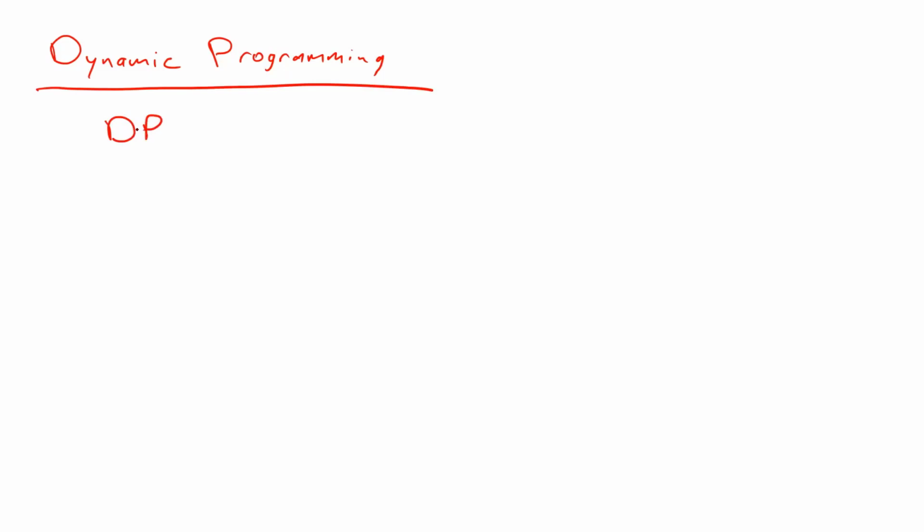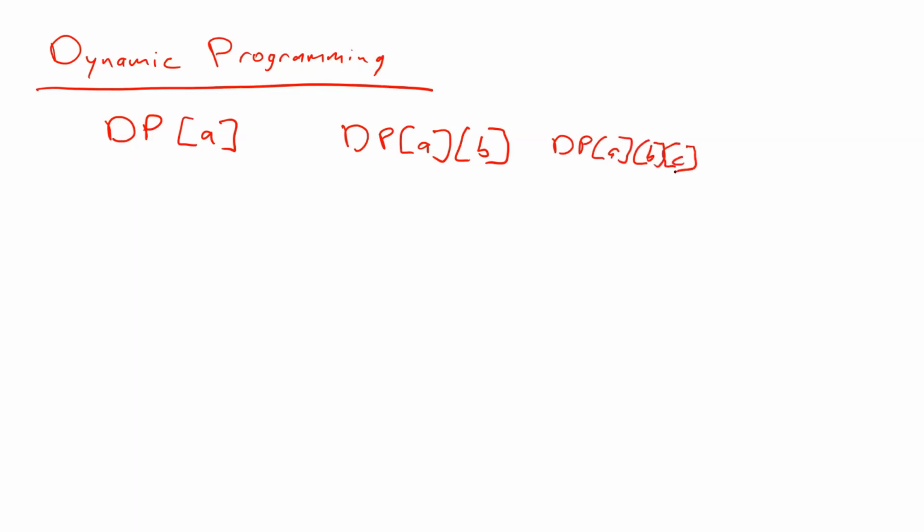That's just my note. So dp, and it might just have one parameter, dp of a, or it might be a 2-parameter problem where it's dp of a, b, or a 3-parameter problem with a and b and c. You could actually have an arbitrary number of parameters, but the more parameters you have, the more limited you are in your options.